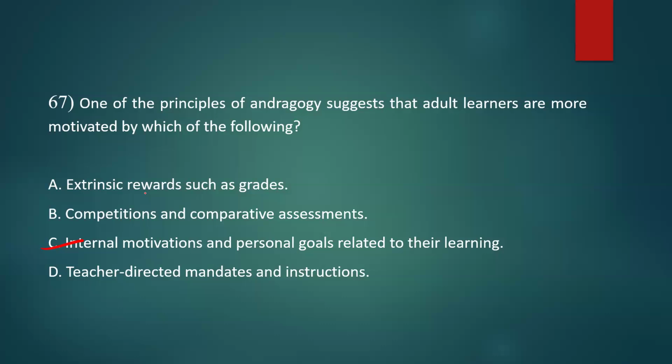So there is no need for any extrinsic rewards. It is all about self-motivation, internal motivation and personal goals. Like, I want to know about this, so I'm going to study. Yesterday I was taking a class on AI, and the classroom had people who had retired from professorship last year, and still they sit in my class to get knowledge about AI.